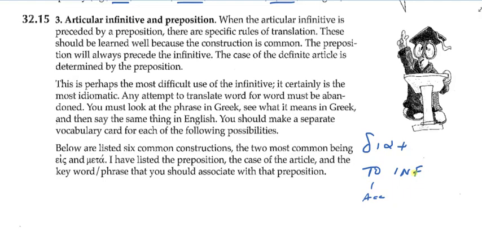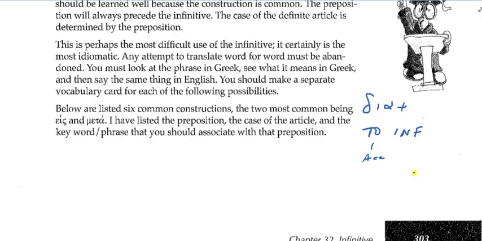So the preposition is going to force the article to be in a particular case, but the article will always be what gender and number? Neuter and singular, right? So what are my four forms of the neuter article? The nominative is to, right? I'm putting that grave accent because there's always going to be an infinitive after it.